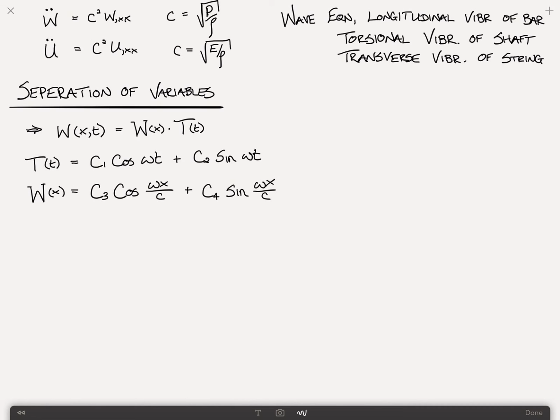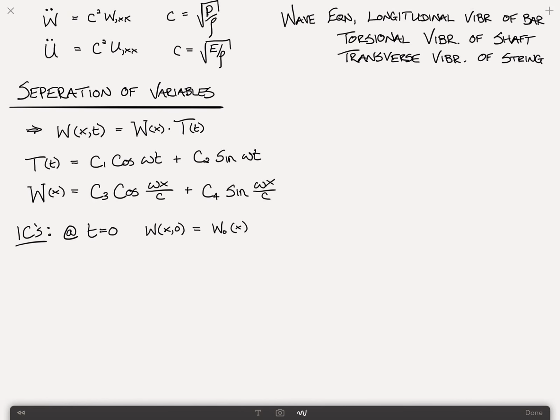Because it's second order in time and second order in space, we need two initial conditions and two boundary conditions. The two initial conditions are just the typical ones we see over and over again, which is at time equals 0, we know the displacement field, so we know the shape of the string, which is to say w of x comma 0 is equal to some known w sub 0 of x.